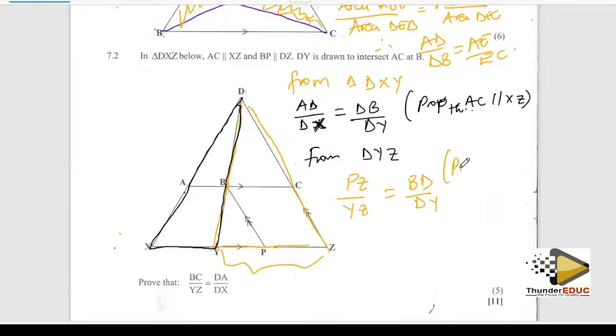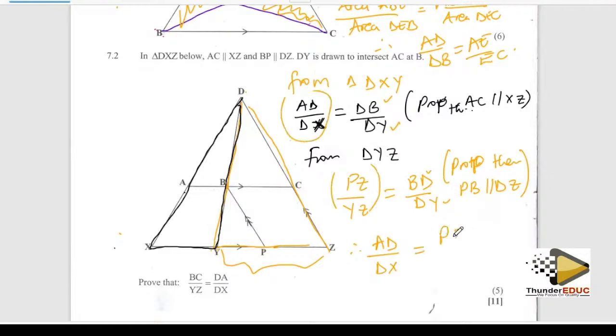It's the same reason, proportionality theorem, because PB is parallel to DZ. I need to compare this and this. I have a BD, I have a DY. So my AD over my DX is equal to, equating this with this, the same PZ over YZ.